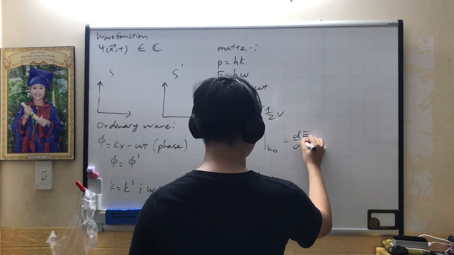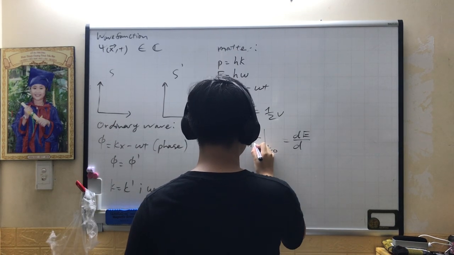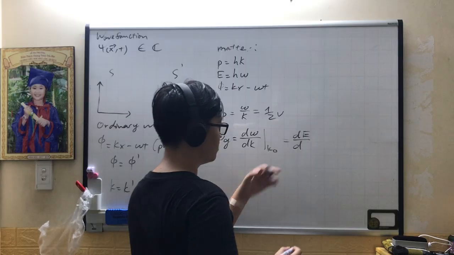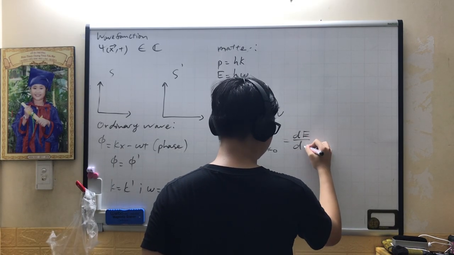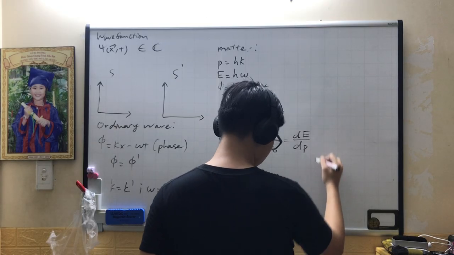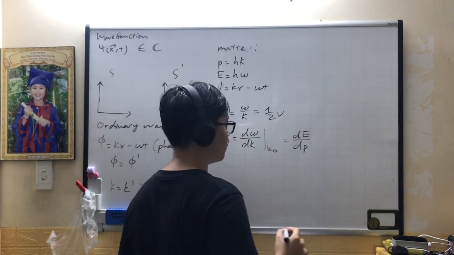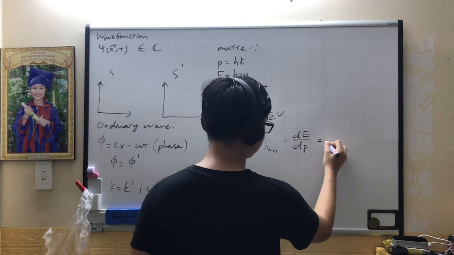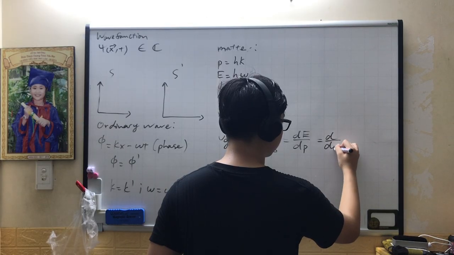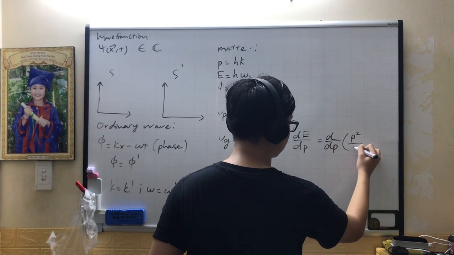This would be the same as the derivative of E relative to p, which is basically just the derivative d/dp of p squared over 2m.